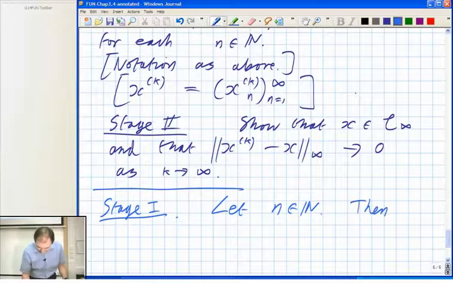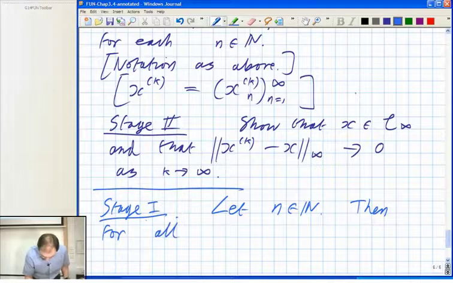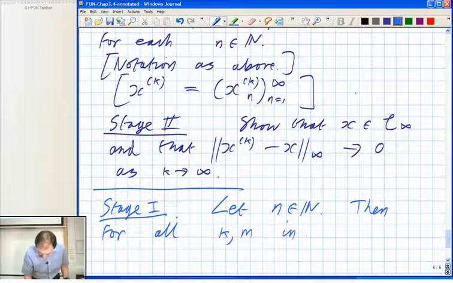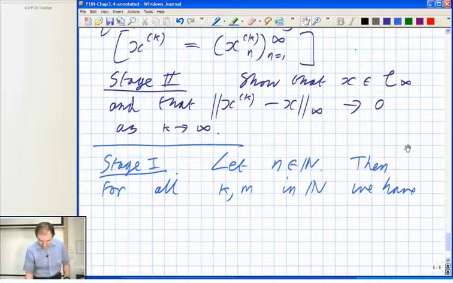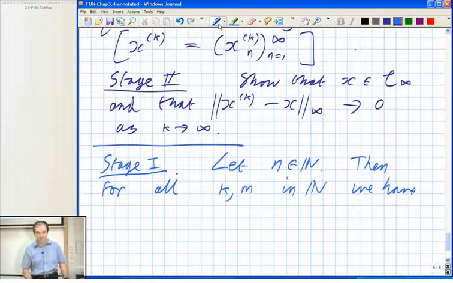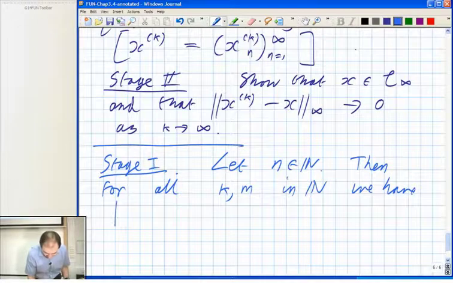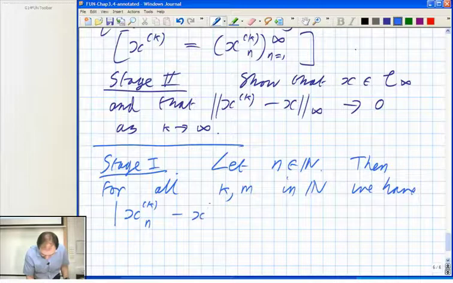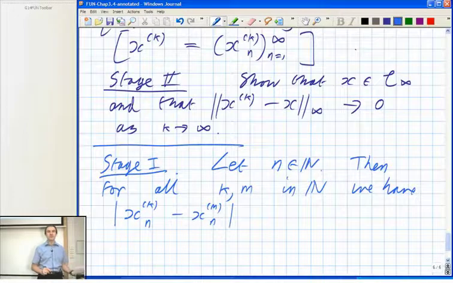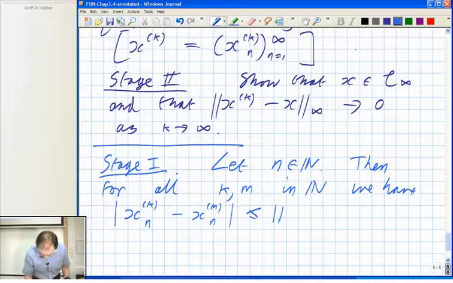Then for all k and m in the natural numbers, we have an estimate on how far apart the nth terms are: the modulus of x^(k)_n minus x^(m)_n is at most equal to the uniform norm of the difference in the sequences x^(k) and x^(m).